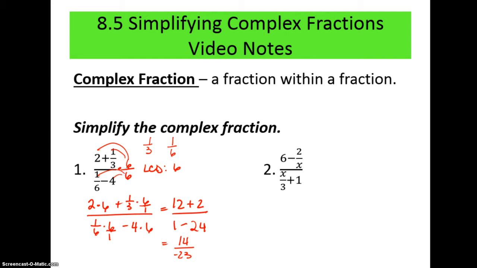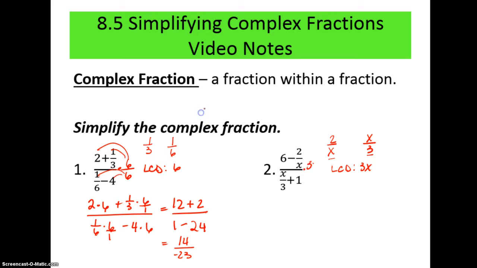Easy enough? Well, now we're going to take it out of the concrete, look at the abstract with our variables. Again, we start by looking at our smaller fractions within the bigger fraction. We have 2 over x and x over 3. So our denominators are x and 3, which would make our LCD 3x, which means every term gets multiplied by 3x.